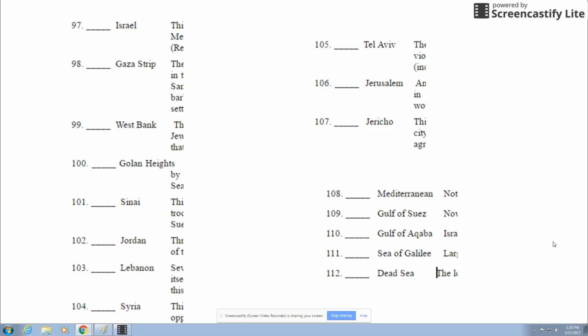So to start, I just cut this right out of the test itself. There are several geographic regions, countries, and occupied territories that are on the test. You need to know where Israel and the Gaza Strip and the West Bank and the Golan Heights, the Sinai, Jordan, Lebanon, and Syria are located.